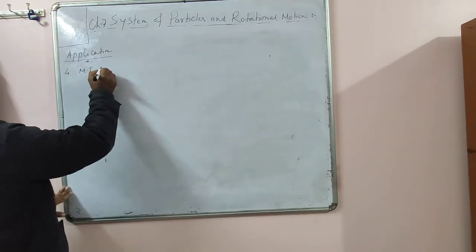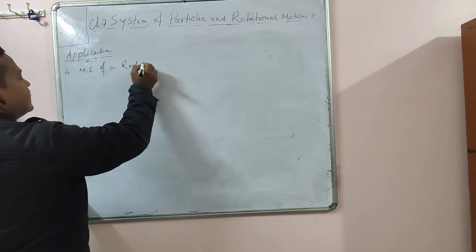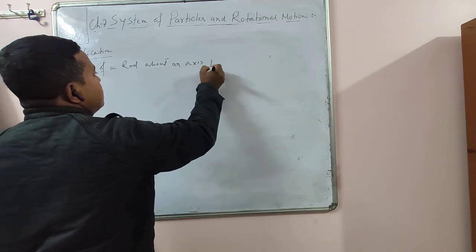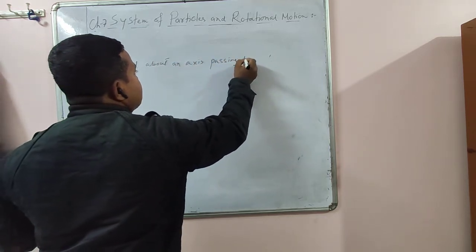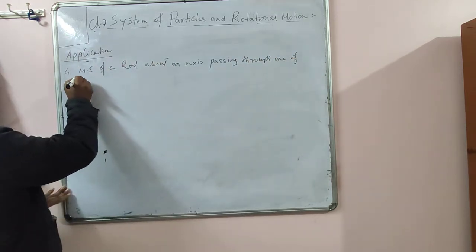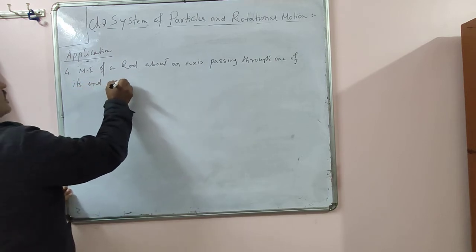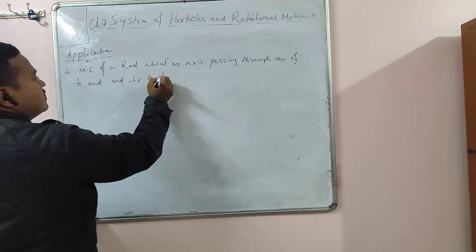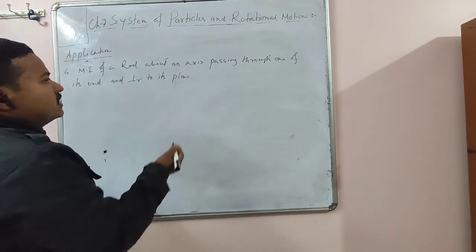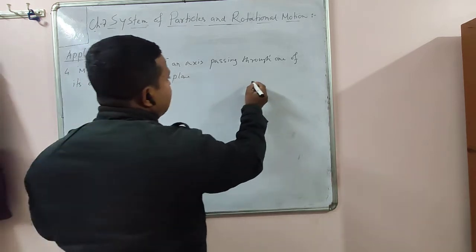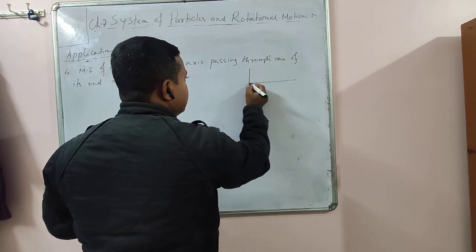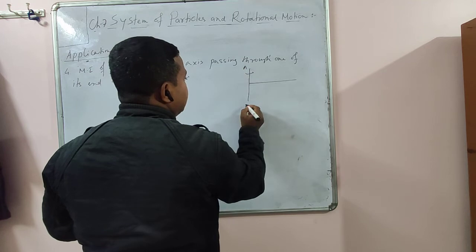Moment of inertia of a rod about an axis passing through one of its end and perpendicular to its plane. Okay. So this is a rod, suppose, passing through one of its end and perpendicular to its plane. About this axis, you have to find the moment of inertia.